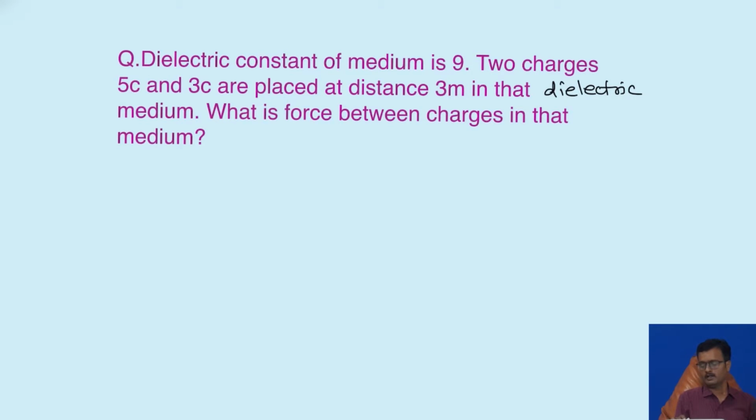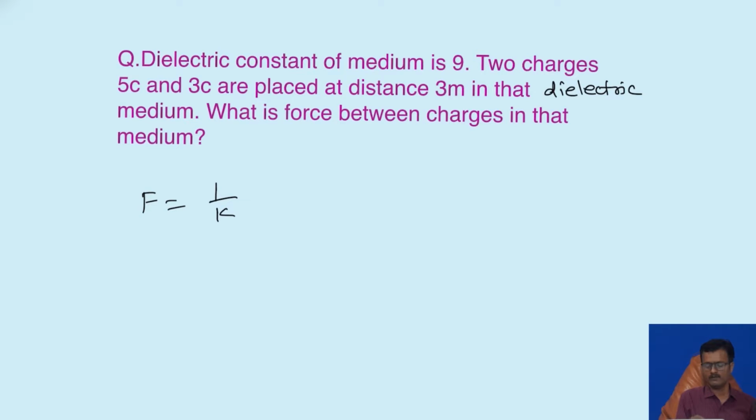When a dielectric medium is placed, charge is not flowing from one body to the other body. But the force between 5C and 3C is decreased by K times, where K is the dielectric constant. So the force is decreased by K times.